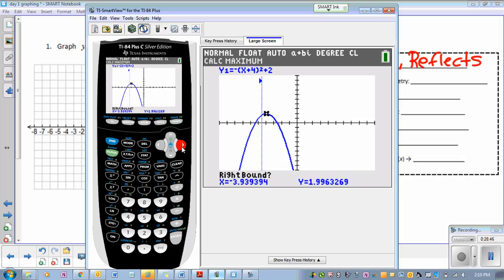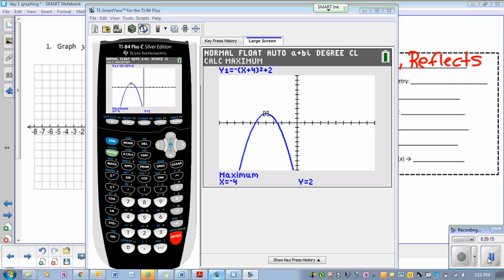Don't hit enter. Now your calculator's saying go to the right. Right. 1, 2, 3, 4. Hit enter. When it says guess, you hit enter again. And there you go. Negative 4, 2. That is your maximum. That is your vertex. Okay? Anyone not get this? Please say something.